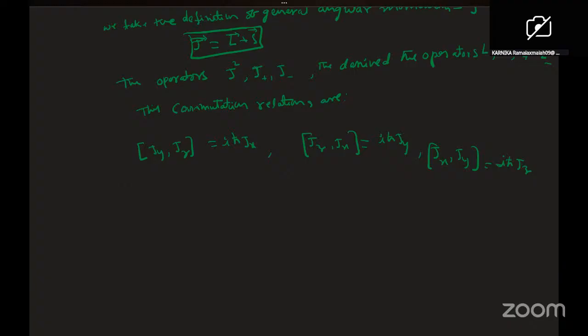I will explain the full explanation in the next class. This depends on this equation totally. For example, jx comma jx is equal to 0. Jx comma jy is equal to i h-bar jz.